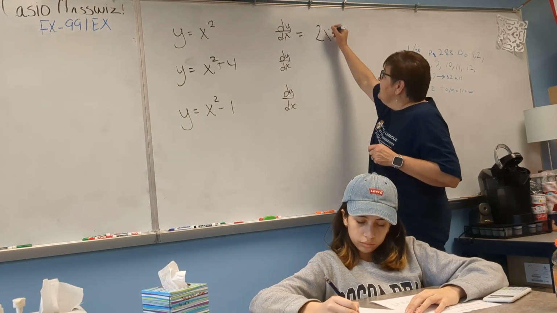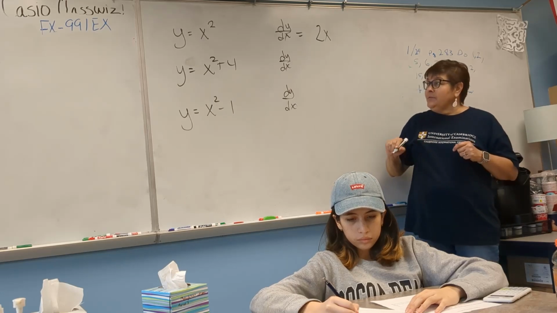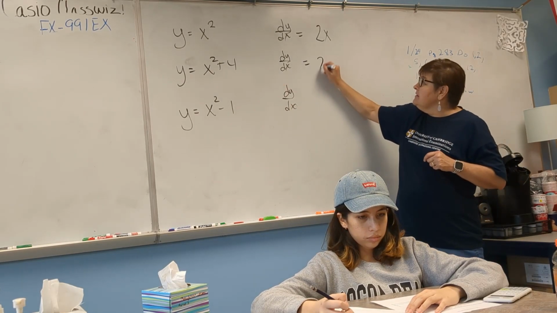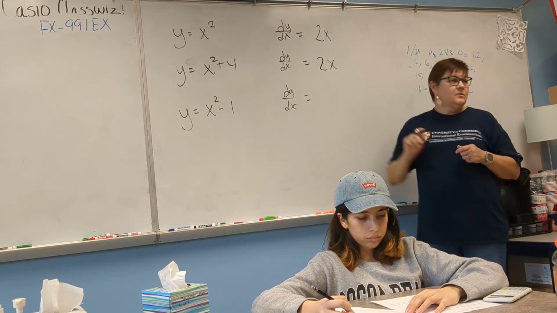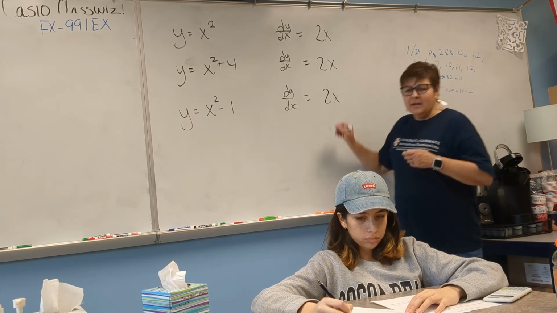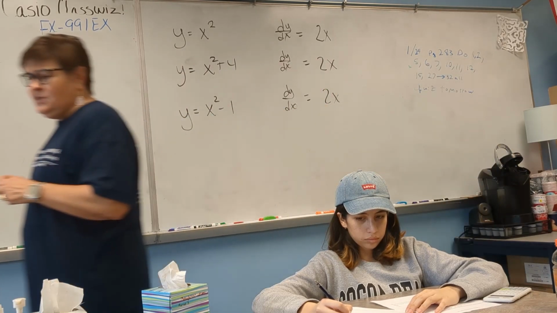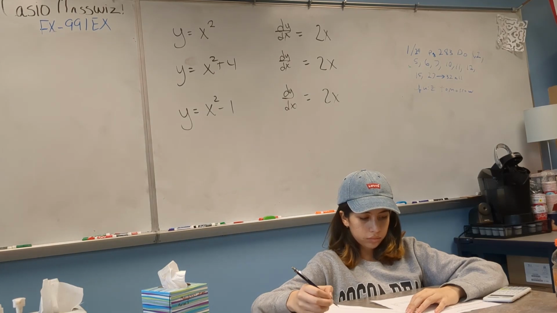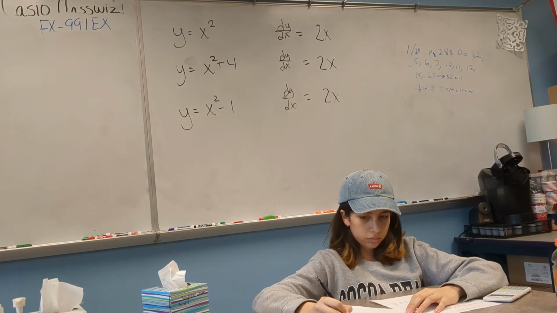And the derivative of x squared plus 4: also 2x. And then the derivative of x squared minus 1: 2x. Let's talk about why in the world this is indeed true. What is the derivative actually giving me? What is the derivative doing?